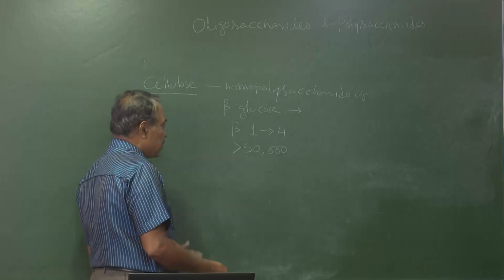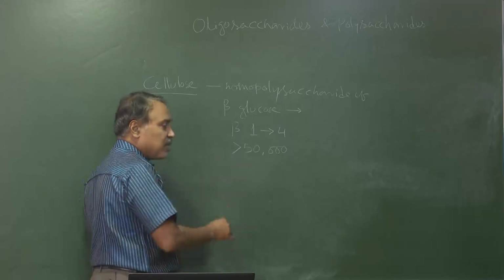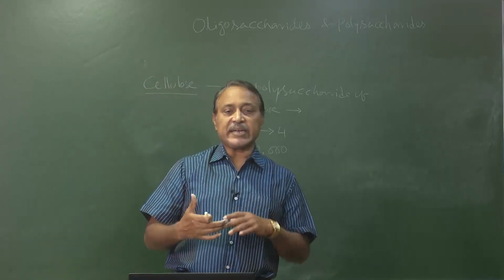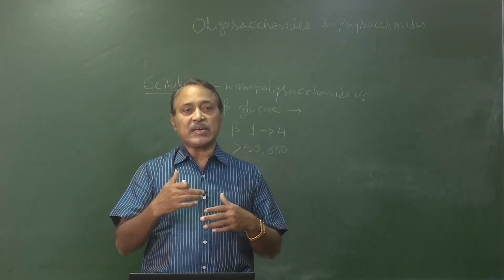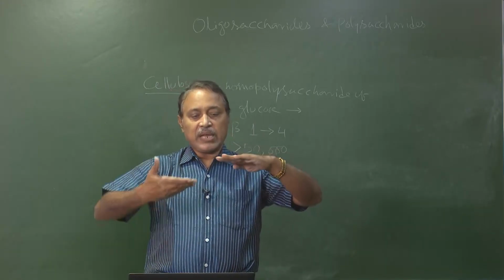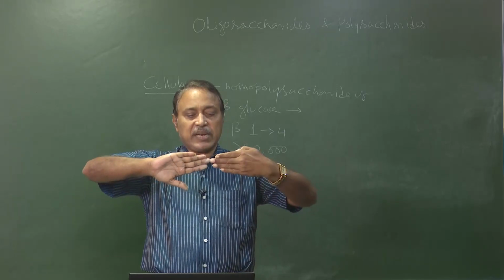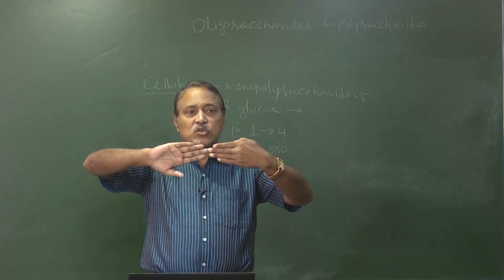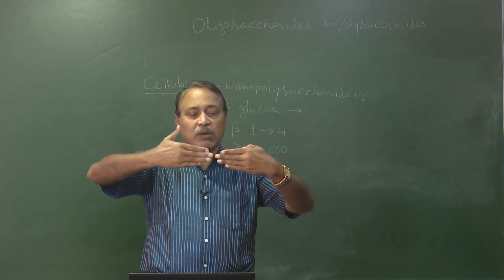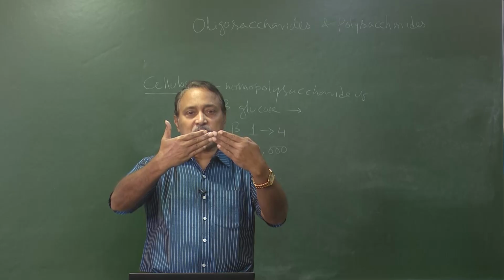Now, interestingly, what happens here? The molecules are flipped 180 degrees alternately. Means if one glucose is like this, another glucose is like this. So they are always flipped like this. As a result, if they were on one side, an angle would be produced among them.